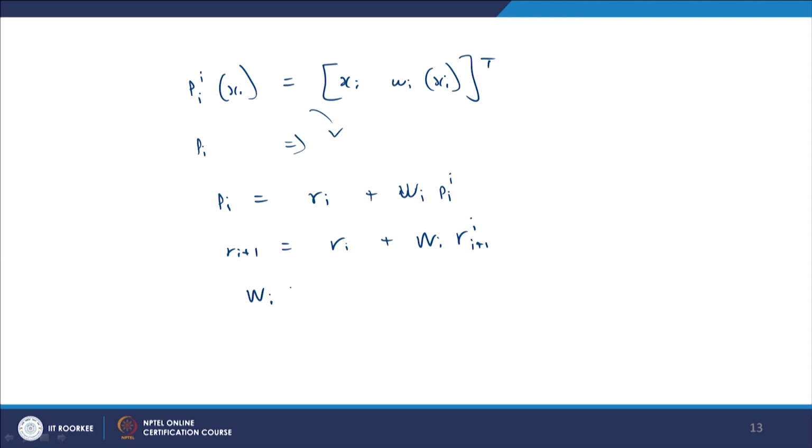Here W_i is given by W_i-1 E_i-1 R_i, which implies W hat i-1 or i, where W_0 hat is identity. Now, we consider the case i equal to 1.